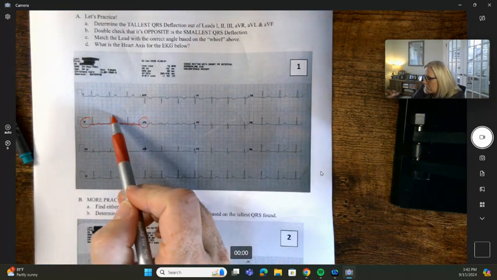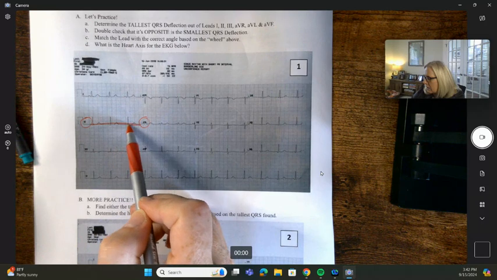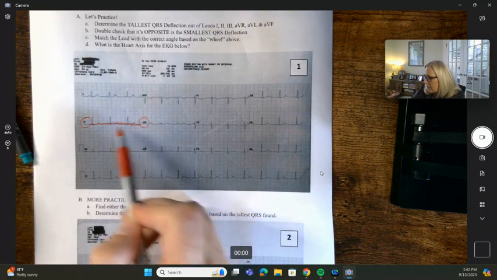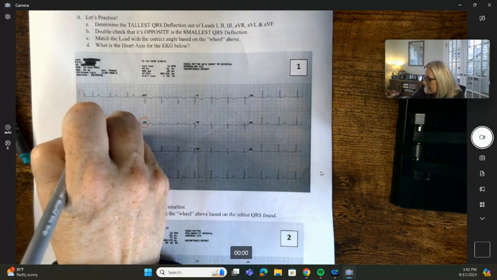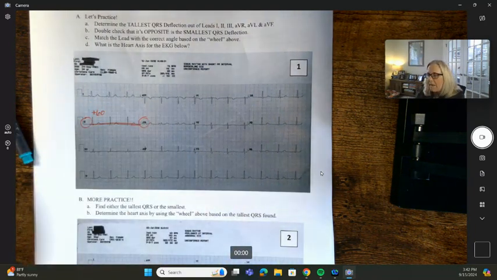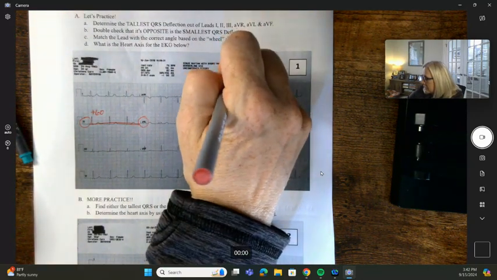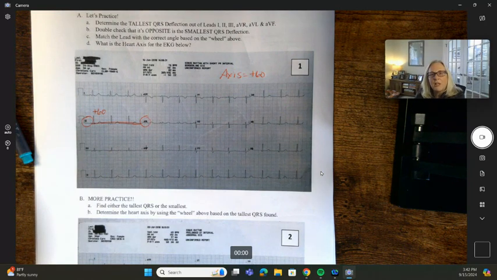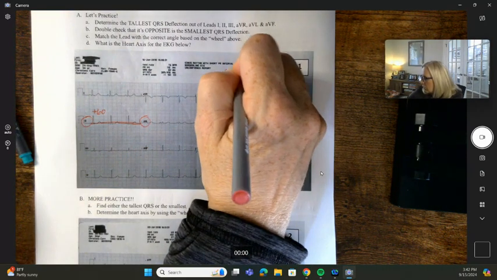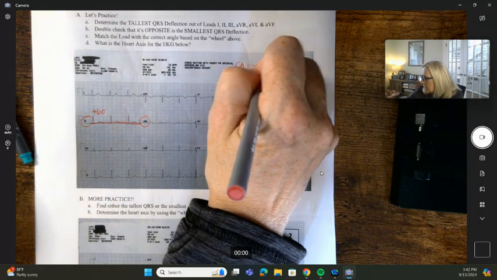We saw that this had the biggest QRS, and its opposite is over here, and that is the smallest. So I know that this is definitely the tallest, and we determined that this was positive 60. So the heart axis equals positive 60. I can write that right on top of my EKG. We did the Einthoven's triangle before too, so we can write E triangle equals yes.